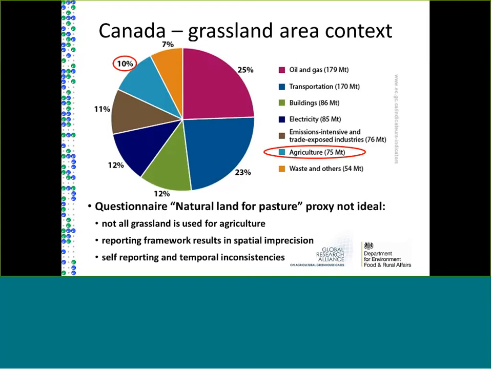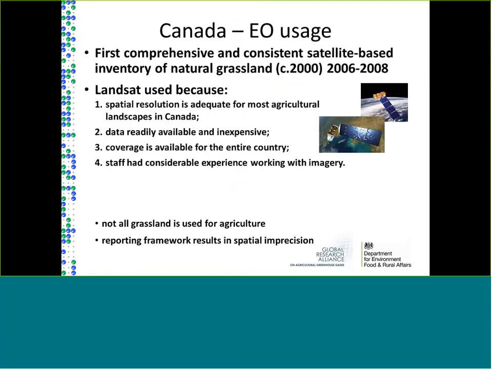There are also inconsistencies, partly due to self-reporting. Different land managers might classify similar plots of land differently. And then there are temporal inconsistencies, so when there's a changeover of land management, the same plot of land without a change of usage could be reported as having changed. So these are the problems with the conventional use.